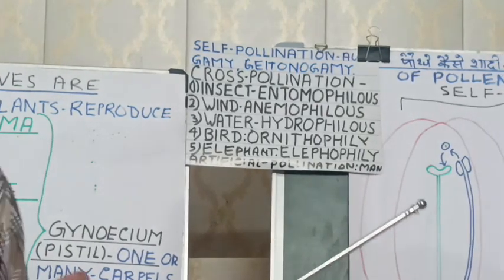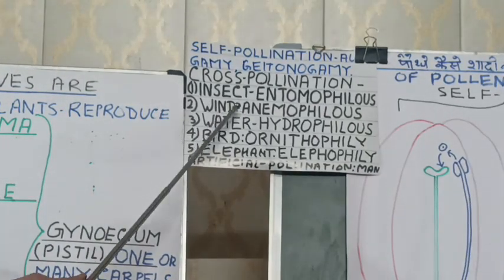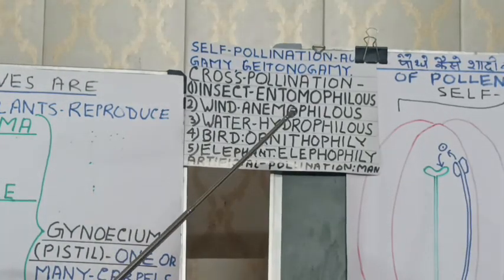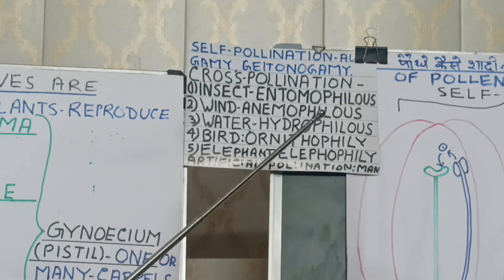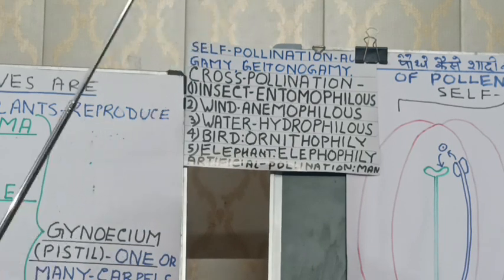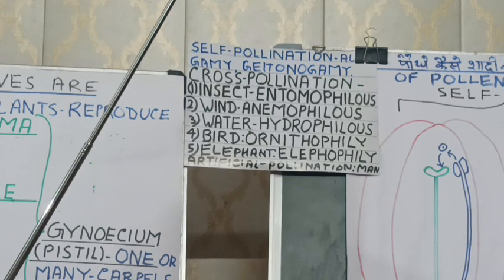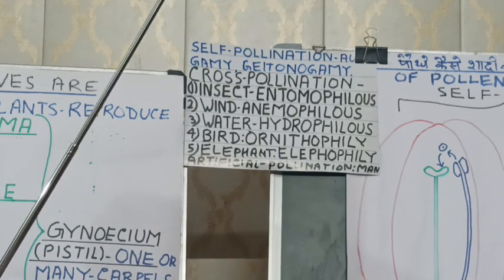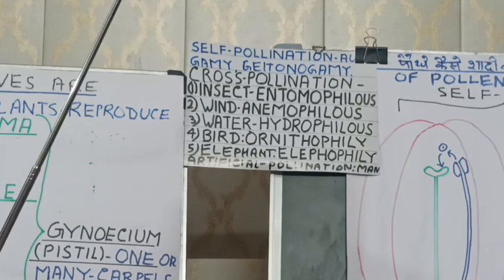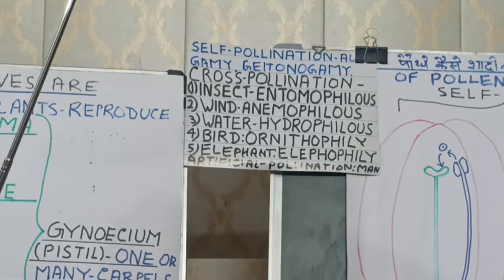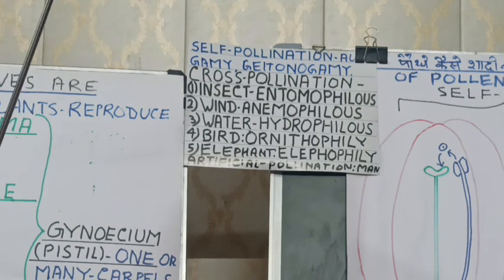In aquatic plants, some water also takes part in transfer of pollen grains. There are male flowers containing the stamens, the anther lobes. They have the same specific gravity as that of water, so they float just on the water surface.